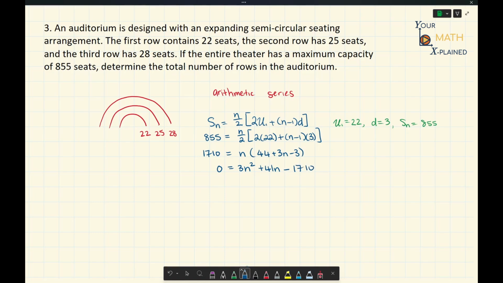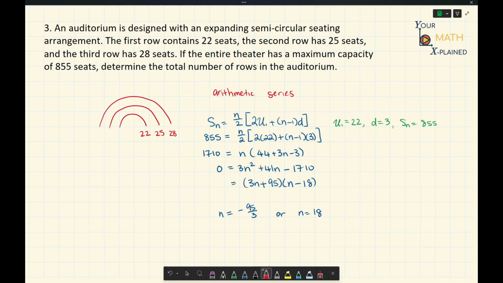Now, you can either use the quadratic formula to solve this, or you can factor this. And it doesn't matter which way you do it. But if you were to factor this, you should get this is equal to 3n plus 95 times n minus 18, which means we get n is equal to negative 95 over 3, or n is equal to 18.